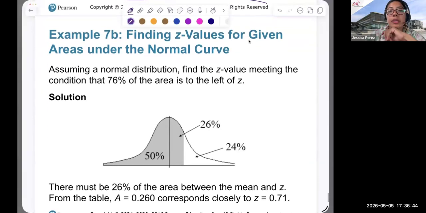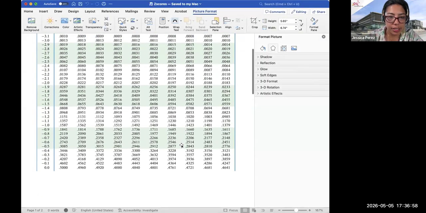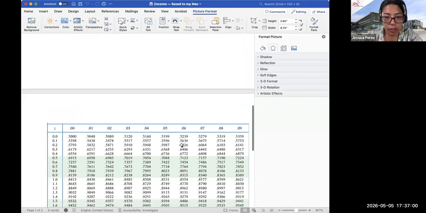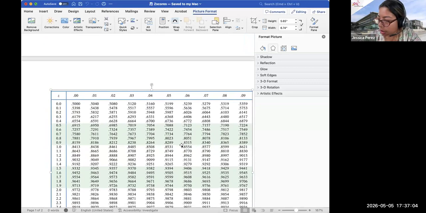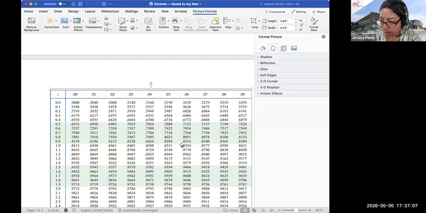Same thing here. Now this one's different because now you're looking for 76%, so it's 0.76 under the table. And that one is going to be the exact value. I'm looking for the area of 0.76. So it's going to be above, more than half of the data, so my z-score is going to be positive. 76% cumulative to the left. 0.76 inside the table, see how it's anywhere between 0.70 and 0.71.